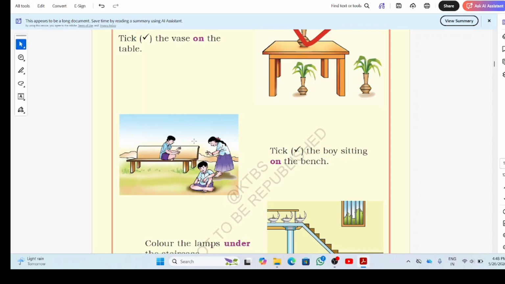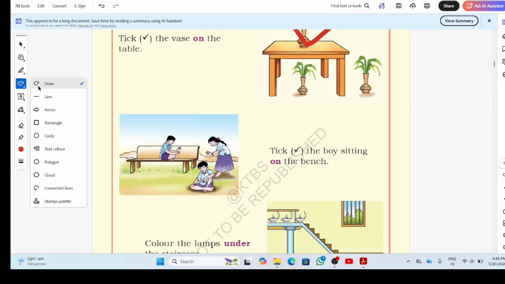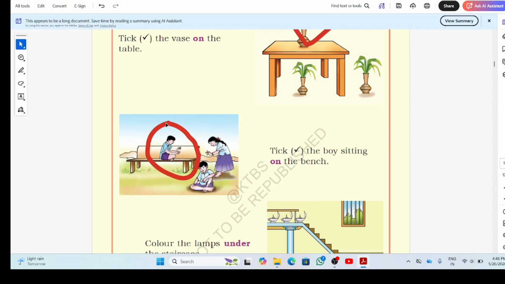The boy sitting on the bench, we have to take it. This boy is sitting on the bench. Which boy? This boy. So this is the answer.